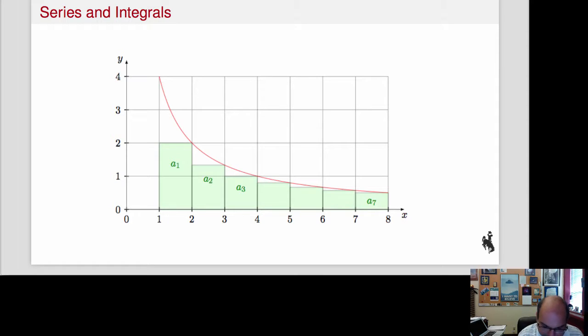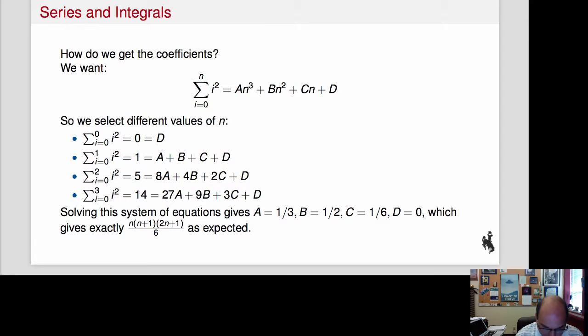As you can see, the area under those rectangles approximates, not terribly well, the area under that red curve. That curve would be a of x, instead of a of 1, a of 2, and so on. So that's what we have.